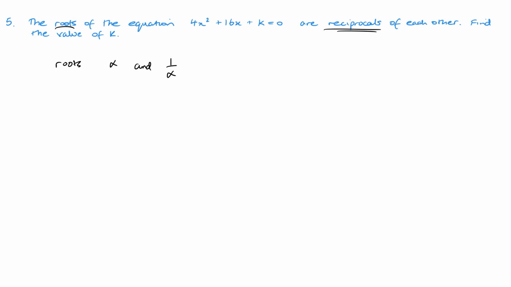Just looking at the question, we're actually just finding this value, and if we remember, this is just going to be C over A, which is alpha times beta normally. So my C over A is just going to be my alpha times 1 over alpha. So that C over A is just 1.